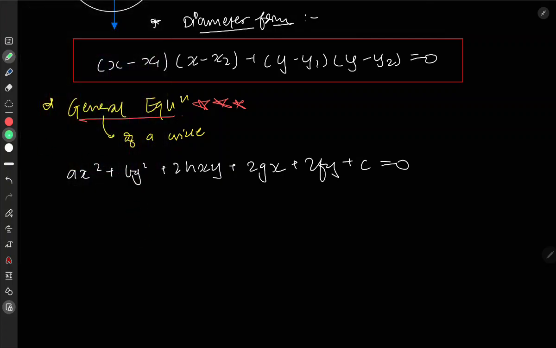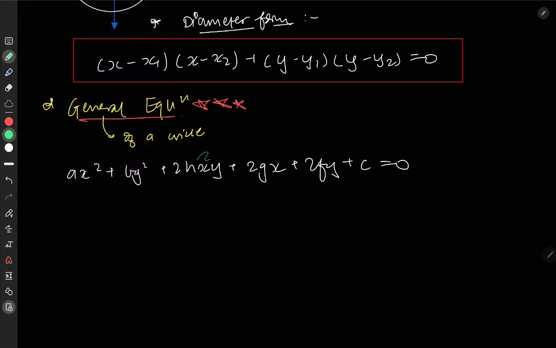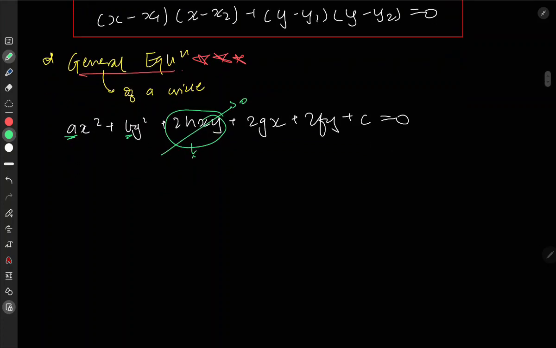If we see, let me replace some colors. The change has happened in this part. The hxy term is 0 and a is equal to b. So now we'll be writing after this the general conditions, and from this we have derived the general form, that is x square plus y square.